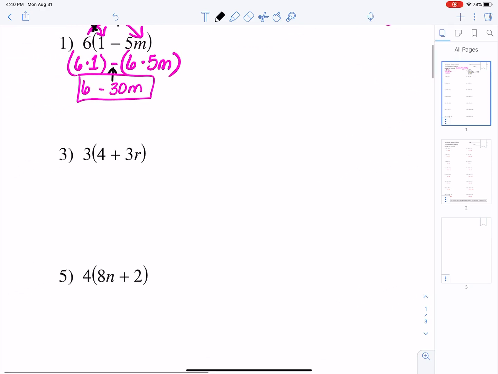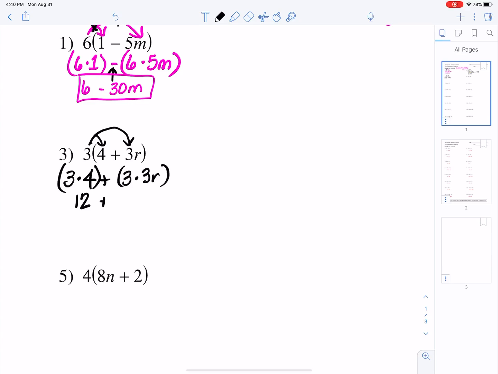All right, let's look at number 3. We are still going to distribute 3 times 4 plus 3 times 3r. I usually put those in parentheses so that I remember to do them first. So 3 times 4 is 12 plus 3 times 3r is 9r. I'm not dealing with any weird negatives, so this one is done.